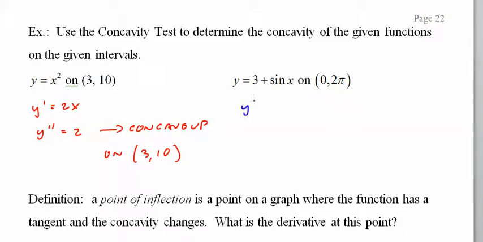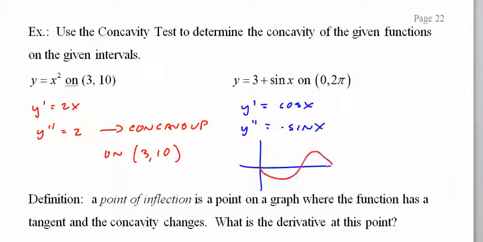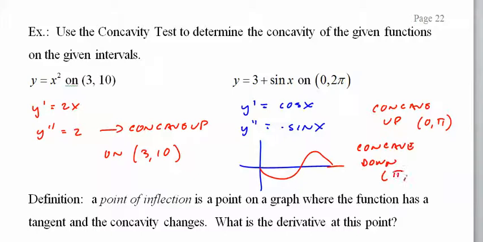Here I get y prime equals cosine of x, y double prime equals negative sine of x, and graphing negative sine of x from 0 to 2 pi, we get something like that. And we'll say concave up from 0 to pi, and concave down from pi to 2 pi.